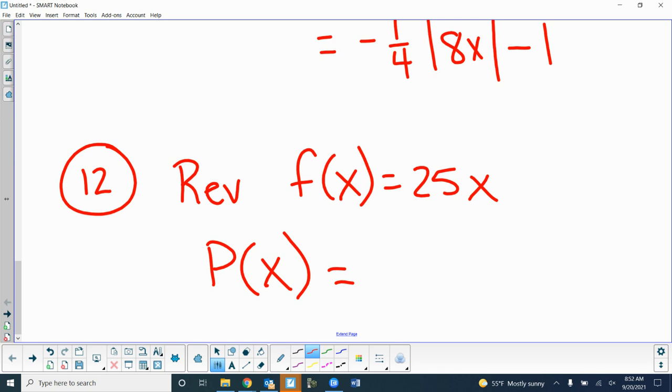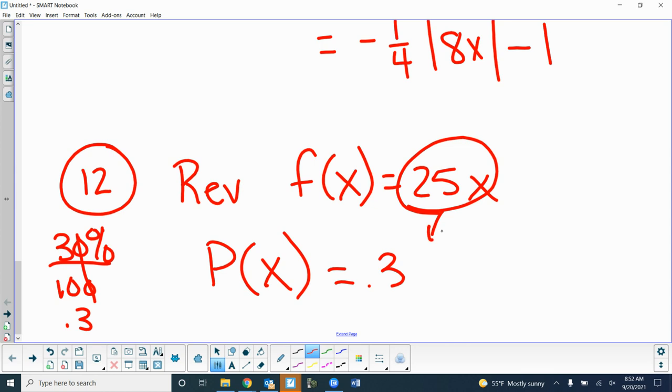What did we talk about 30% was? What decimal is that? 0.3, right? It's 30 over 100, which is 3/10, 0.3, right? Or just move the decimal point to the left. So 30% of the revenue, well, here's our revenue. So when of means times, so 30% times the revenue, and $5 more than that would be plus 5. If it said $5 less than that, it'd be minus 5, right?